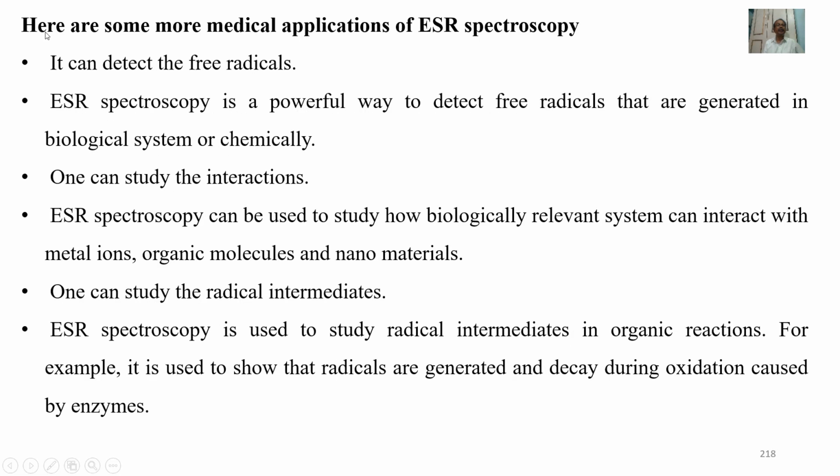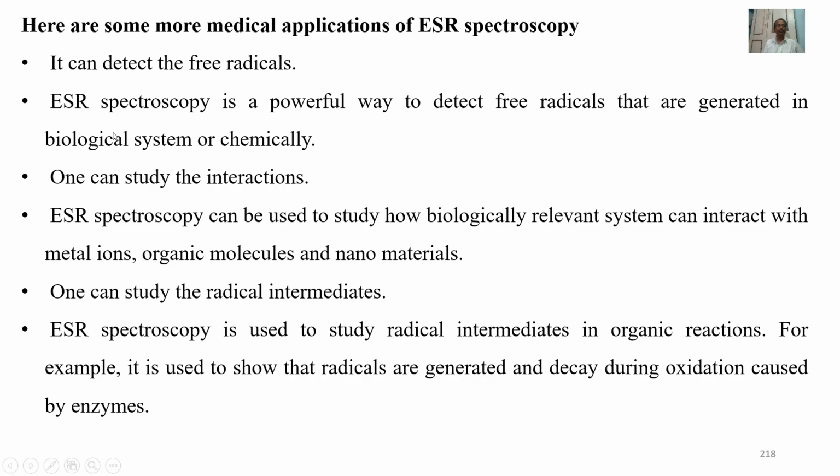Here are some more medical applications of ESR spectroscopy. It can detect free radicals. ESR spectroscopy is a powerful way to detect free radicals that are generated in biological systems or chemically. One can study the interactions. ESR spectroscopy can be used to study how biologically relevant systems interact with metal ions, organic molecules, and nanomaterials.